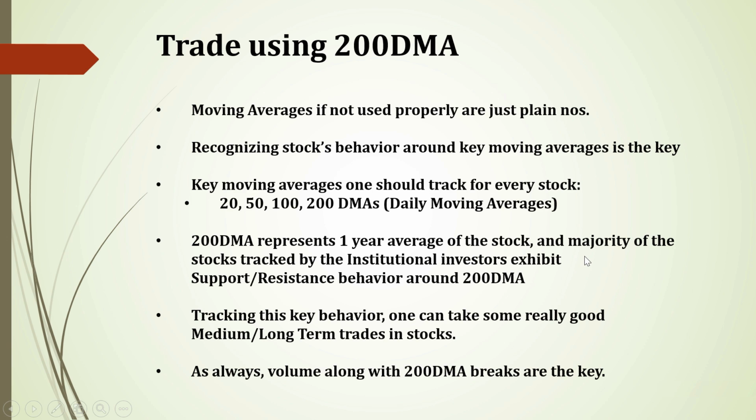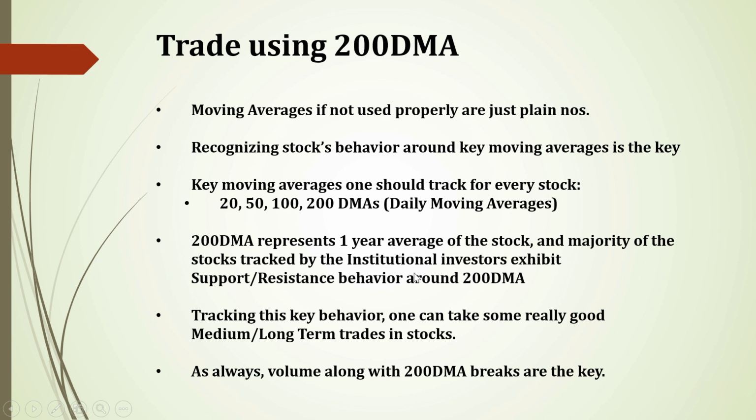The key point here, why we are stressing so much on 200 DMA, is that the majority of the stocks are tracked by institutional investors, who are the key drivers of the stock prices or the stock trends, right?